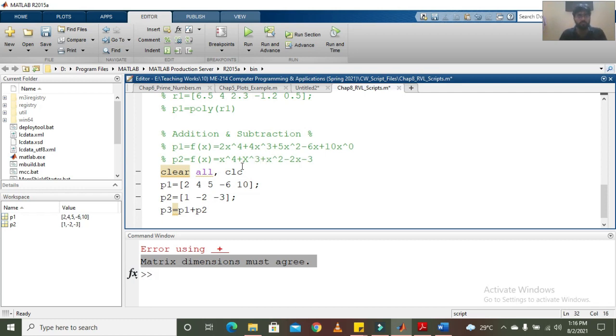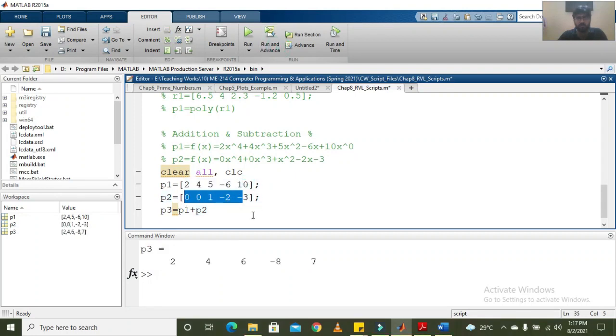Since there were no coefficients, I will write them as 0. So here I will have to mention that it should be 0 and 0. Now this addition can be carried out since the dimensions are the same. So when I execute it, see what has happened here.